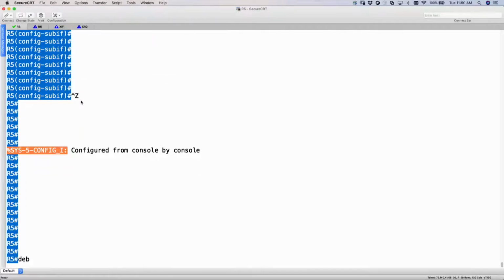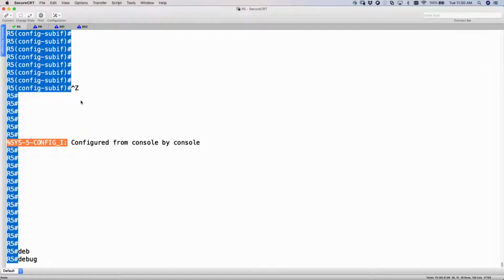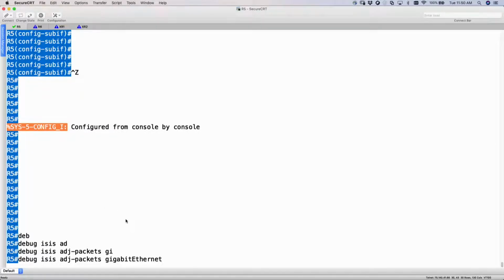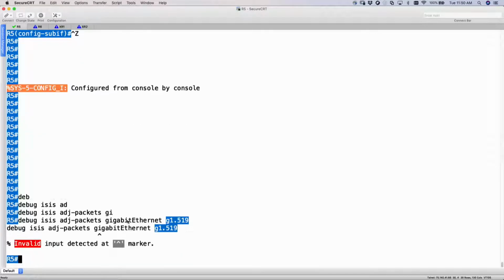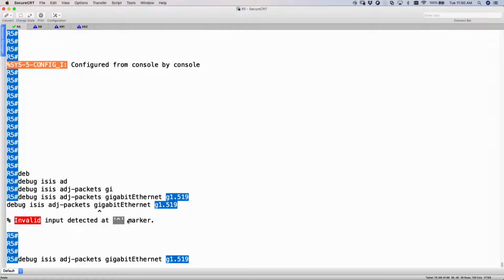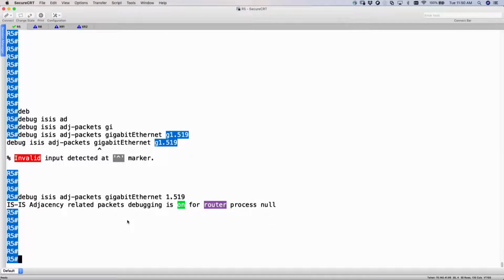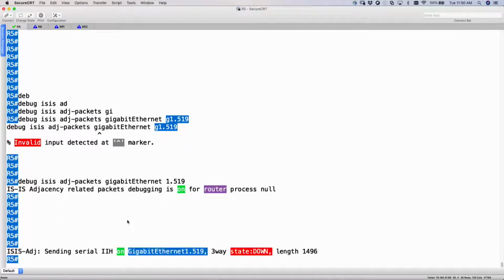So if I do a debug again, debug isis adjacency packets on gig 1.519, you should see what hellos my routers are sending.